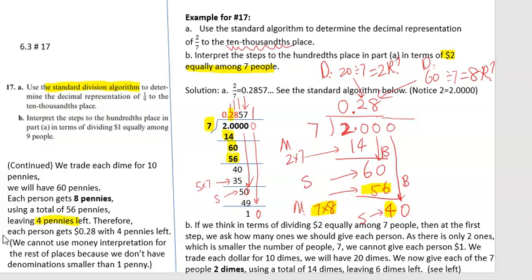For the rest of the steps, we cannot use the money to explain, so you can just stop right here, because the smallest coin value we have is the penny. We don't have anything less than a penny.